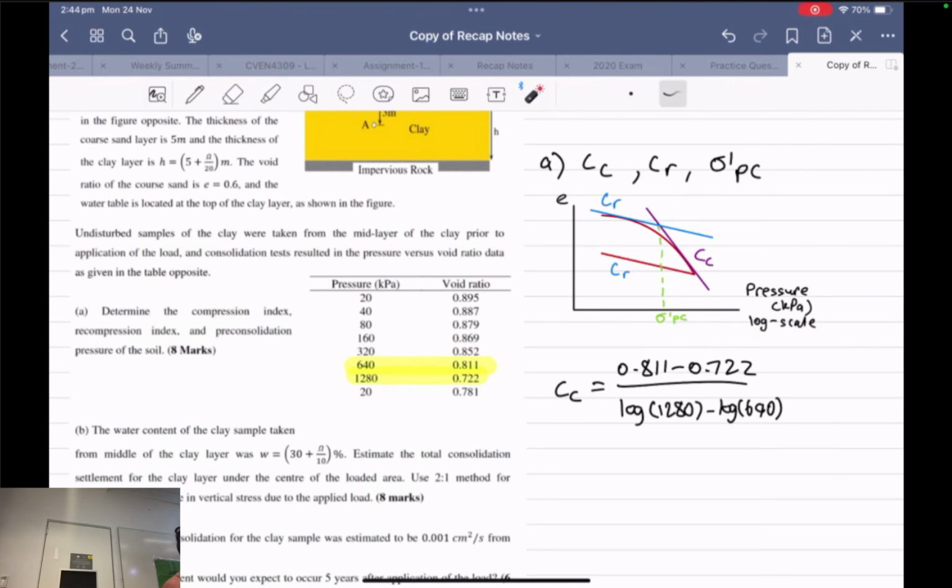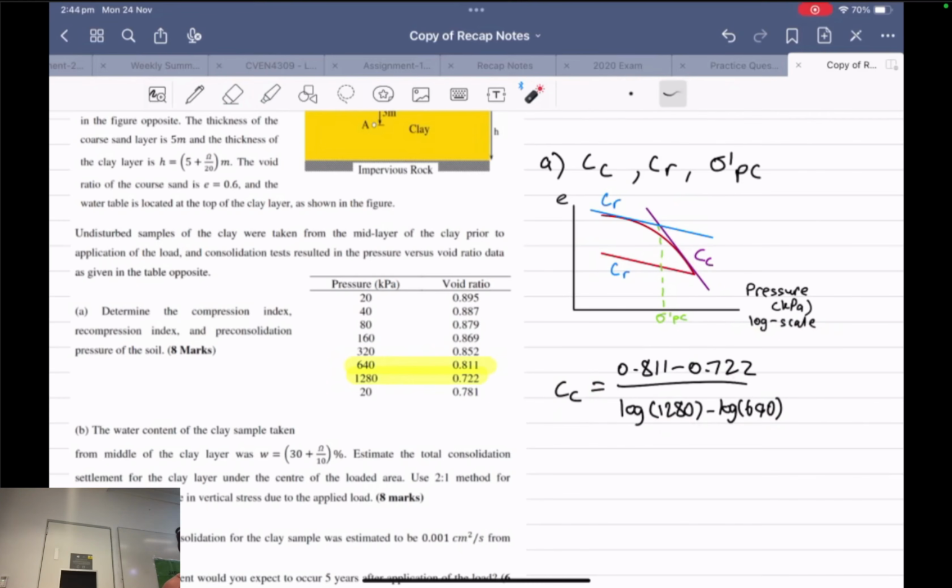You might notice that these aren't consistent with each other. When you say 0.811, the value for that is 640, but we're using 1280 minus 640. The reason is that we want our compression index to be positive. We can't have a negative index value, right? And when you do logs, if you have a smaller number minus a bigger number, you get a negative value.